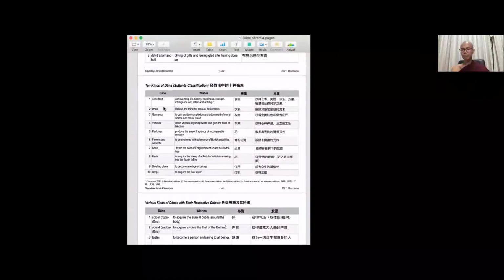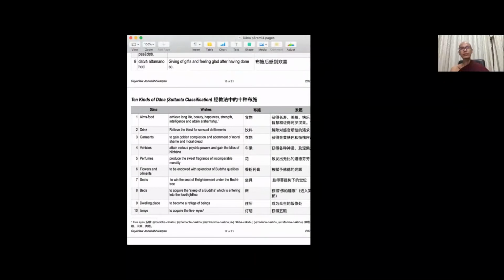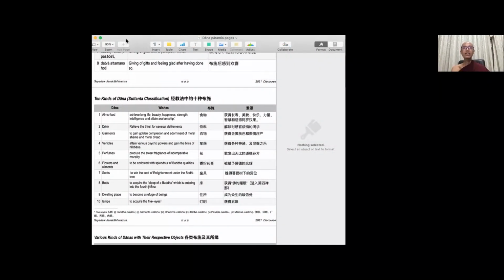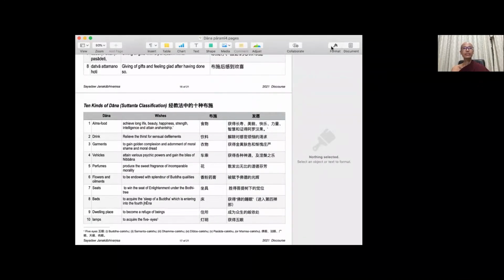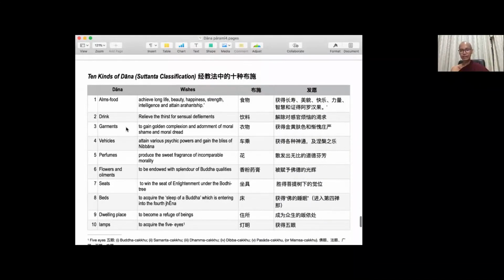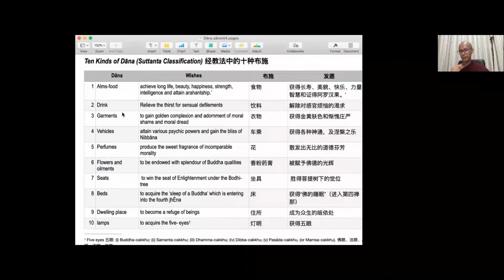In fact, not just 10, there can be many, but these are those we usually donate. The 10 kinds of things are alms of food, drink, garment, vehicle, etc. We have taught those things.